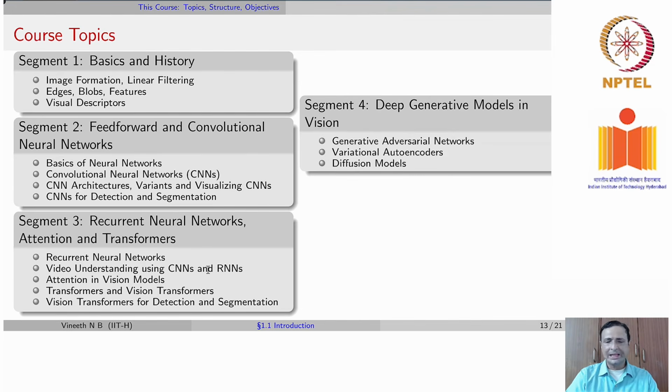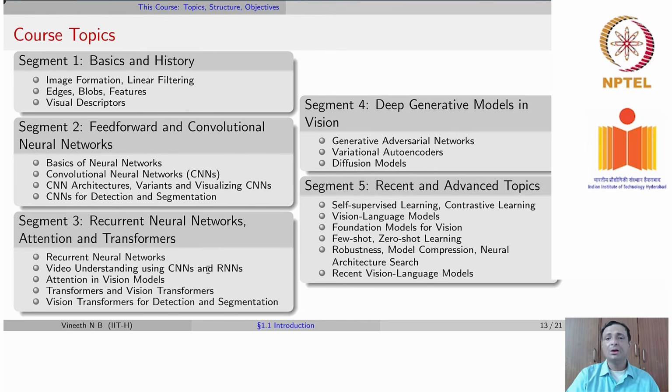Then we move on to the next segment, which is on deep generative models, where we will begin with topics like generative adversarial networks and a little bit of variational autoencoders, but we'll focus significantly on the recent developments in diffusion models, talk about different ways of training them, conditioning them, and so on and so forth.